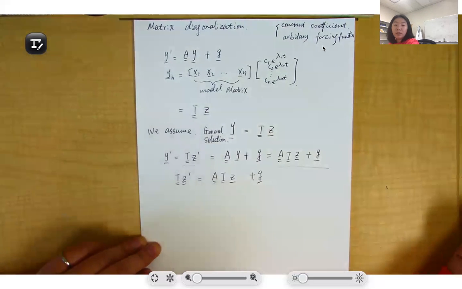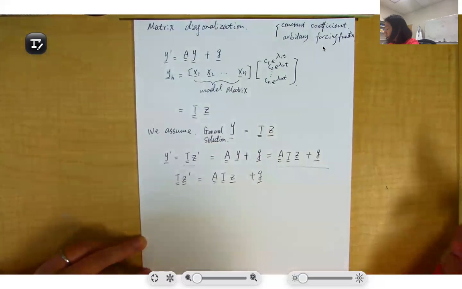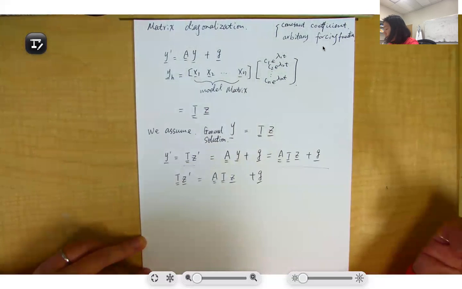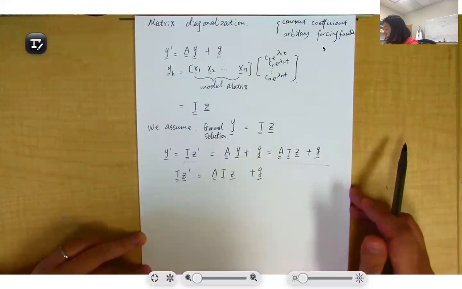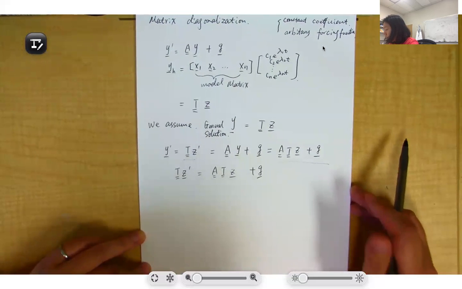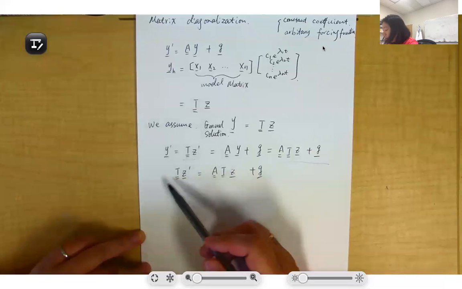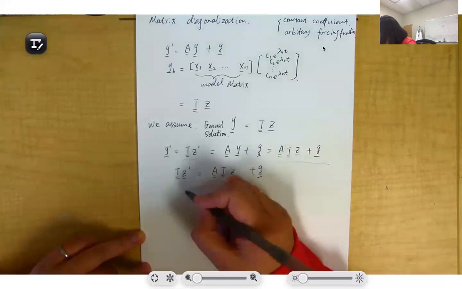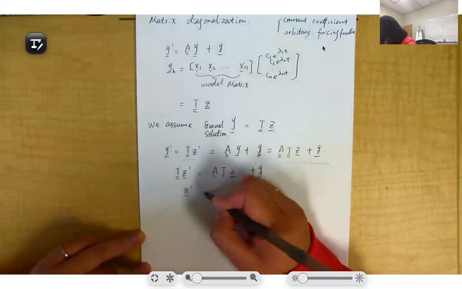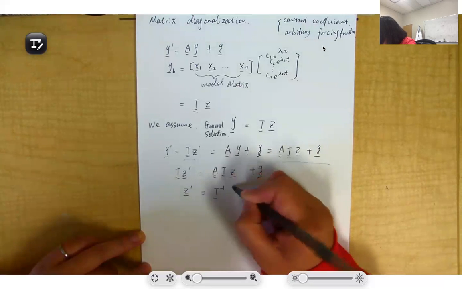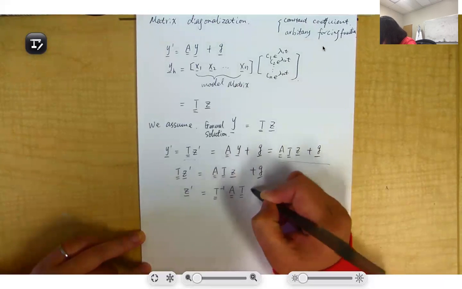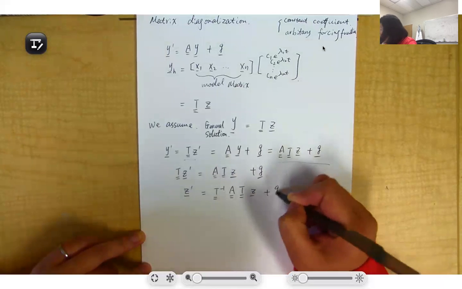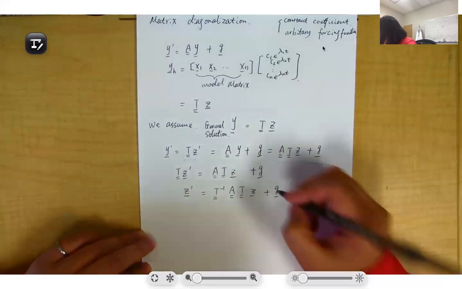That is the equation we derive from y prime. After that, we multiply by T inverse on the left of both sides, so that we only leave z prime equals T inverse AT z plus T inverse g.